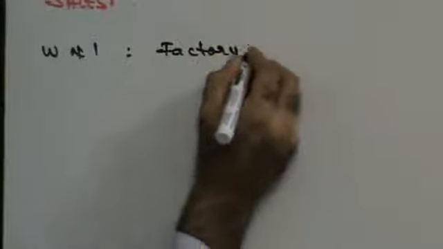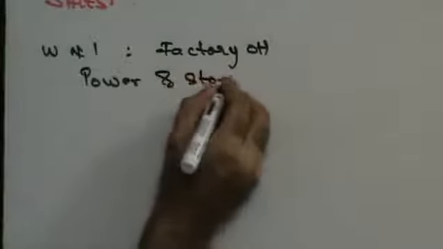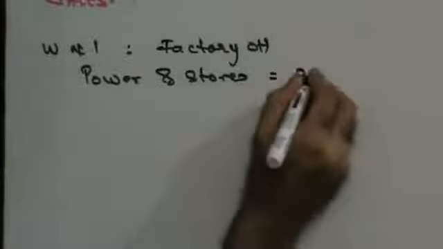Working note 1. Factory overheads. Let's see what all would go in factory overheads. They've given you power and stores. Power and stores is a factory overheads, given to you as 2,40,000.